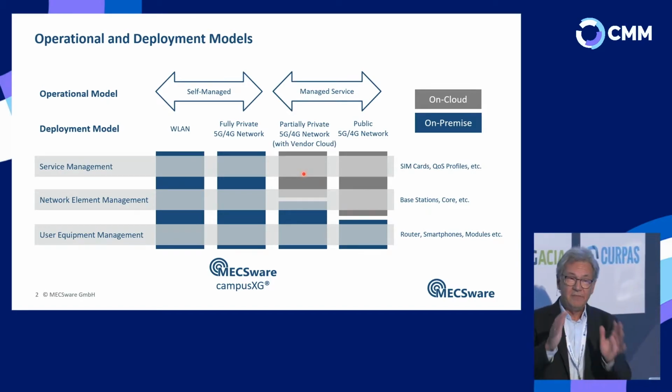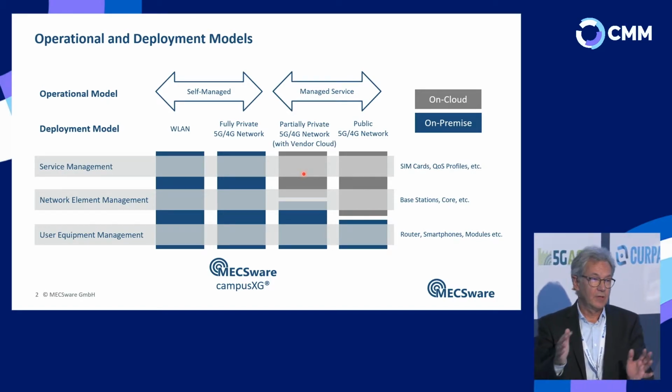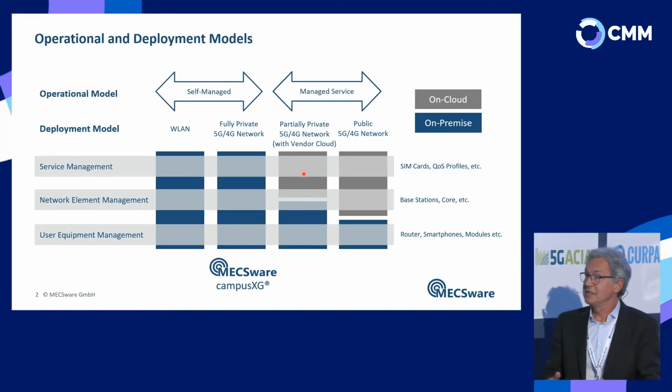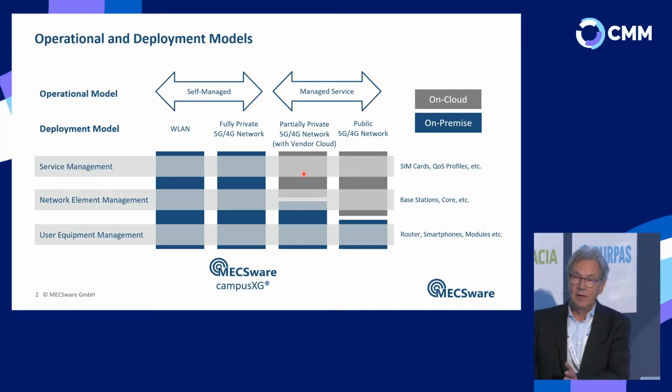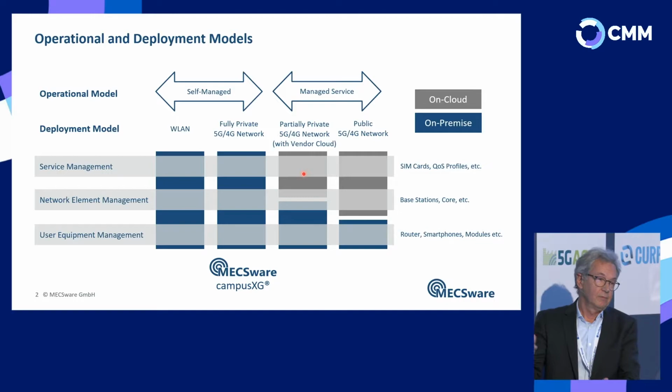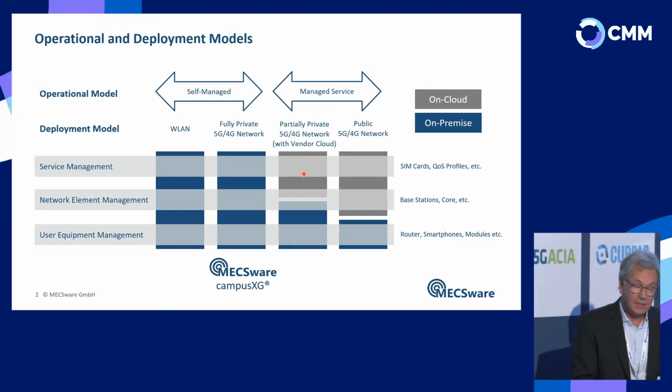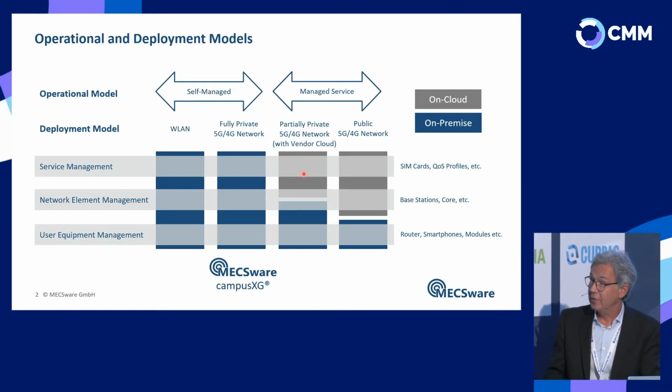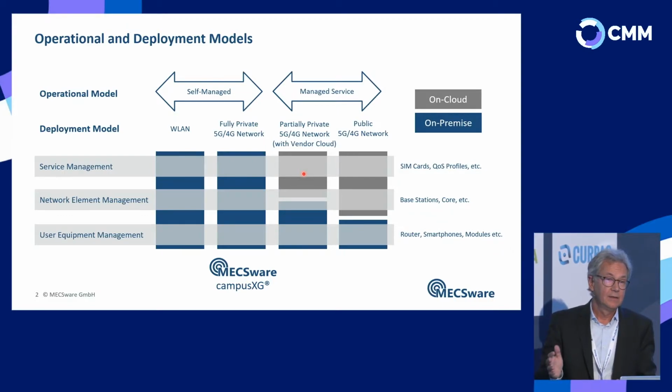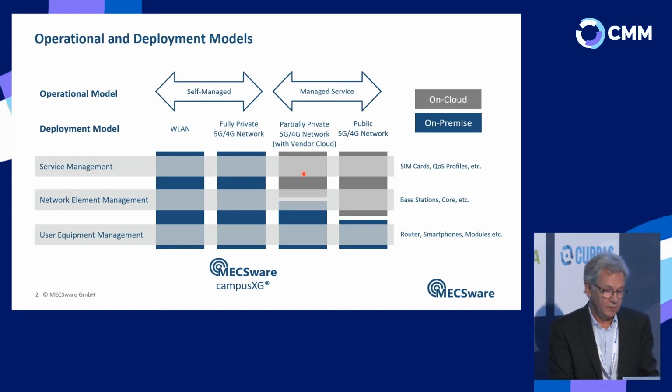There is some functionality on premise that you have completely under your control, and some functionality outside in the cloud that you have less control of. When we developed our solution, we decided to build it exactly how well-known wireless LAN networks are built. Everything is on premise, nothing in the cloud. There's no internet connectivity needed for that. That's the approach.